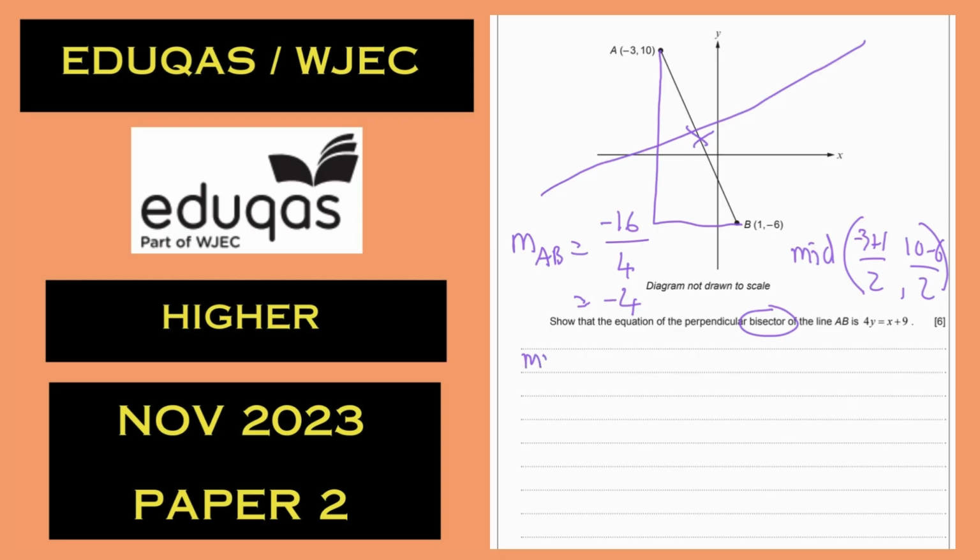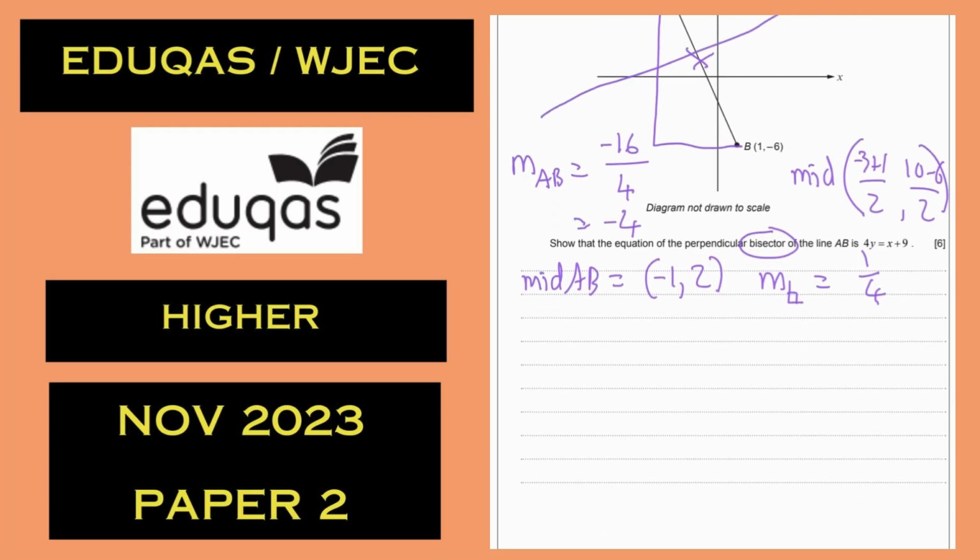The midpoint of AB is, use your calc if you're not confident with your negative numbers, but you should be getting -1 for the x coordinate, 2 for the y coordinate. And the gradient of the perpendicular, negative reciprocal: flip the 4, you get a quarter, change the minus to a plus.